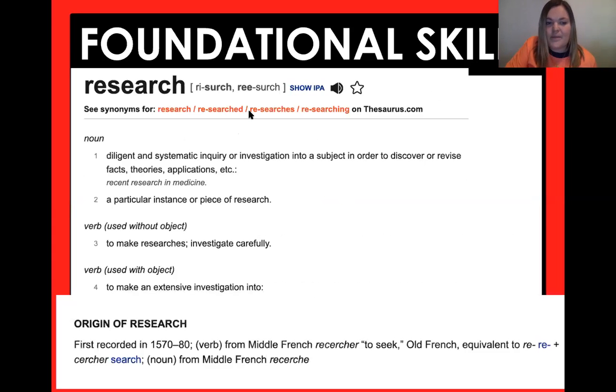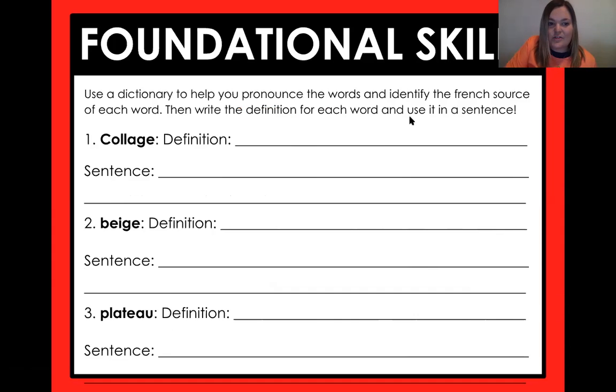Let's look it up. Research means diligent and systematic inquiry or investigation into a subject. So you're really digging deep and finding information. Let's look at the origin of the word. It was first recorded from Middle French, to seek. So you're seeking answers to something.